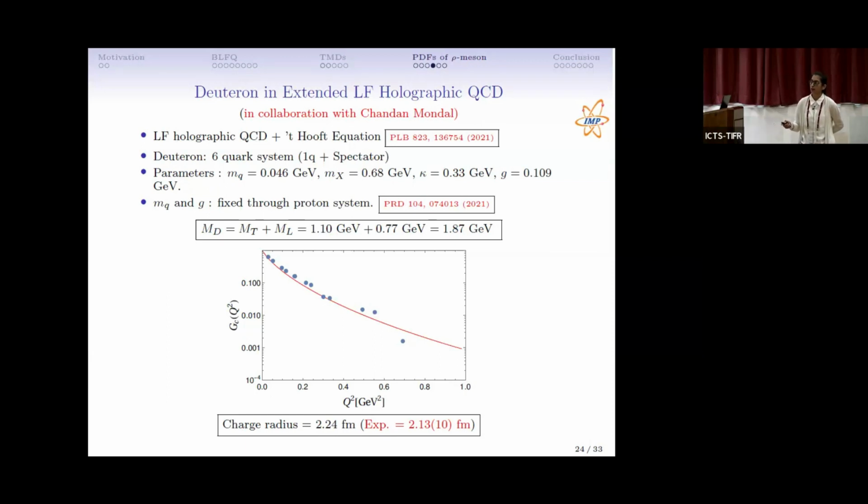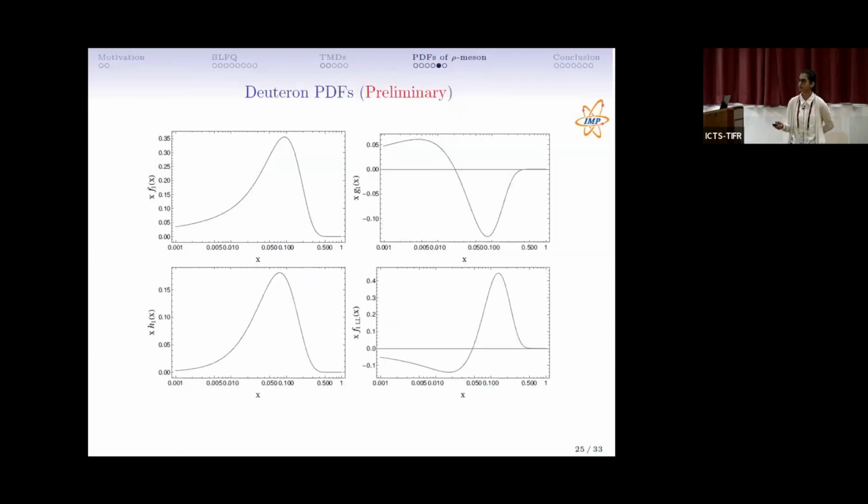We fitted these parameters through the neutron mass, and we could produce the charge form factor for the neutron, and these are the experimental data points. We could also calculate the charge radius, and it is comparable with the experimental data. So now we have wave functions for the neutron. We can also study the PDFs. I just wanted to show this F1LL, which is going to be measured.